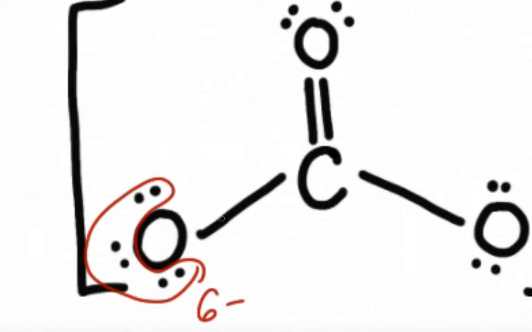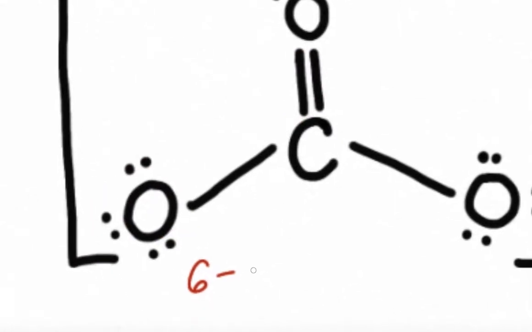Remember, this single bond means you have 2 valence electrons that are shared between the oxygen and the carbon. If you have a double bond, like the one right here, you have 4 valence electrons that are shared between oxygen and carbon. So we have 6 minus the number of non-bonded, which is 6, minus the number of bonded, divided by 2.